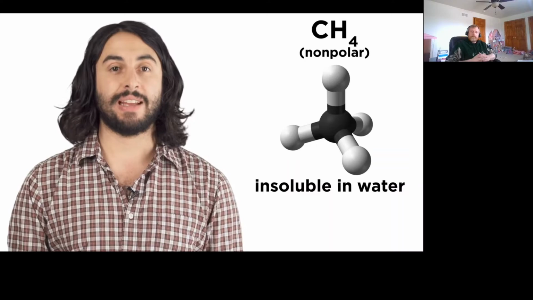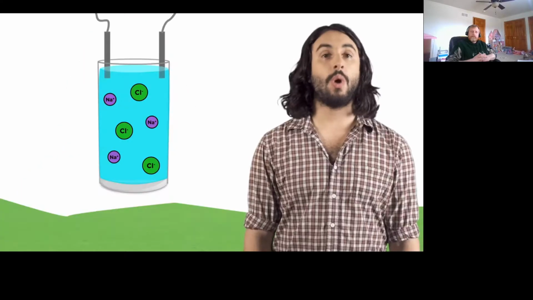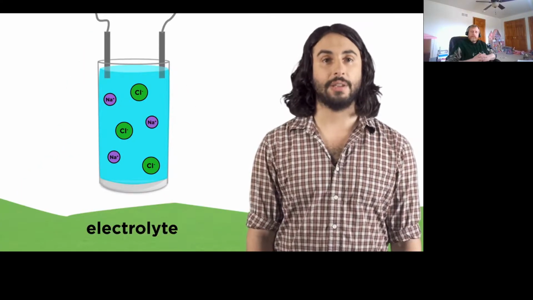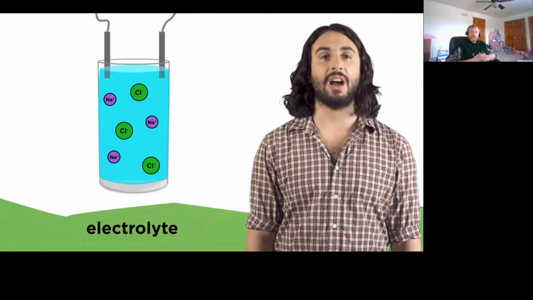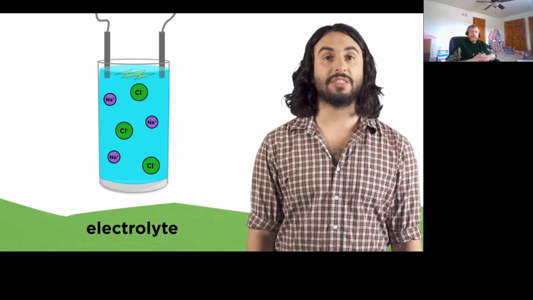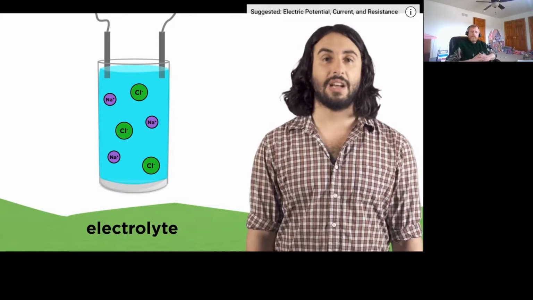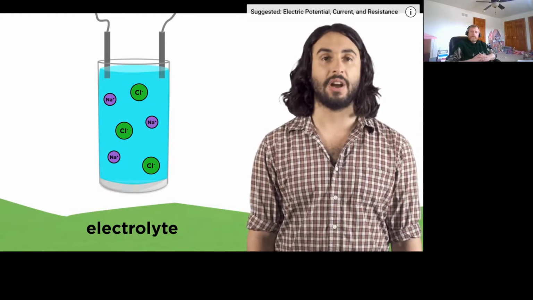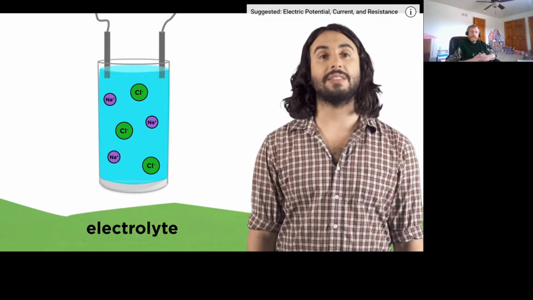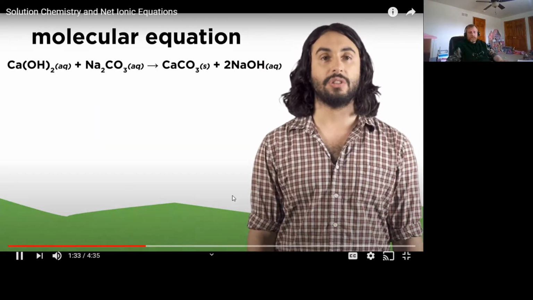That's where we get the saying, like dissolves like. Salt water is a strong electrolyte because the formally charged ions in solution can conduct electricity. Weak electrolytes only partially ionize in solution, so they conduct electricity weakly. We can use molecular equations to describe substances.